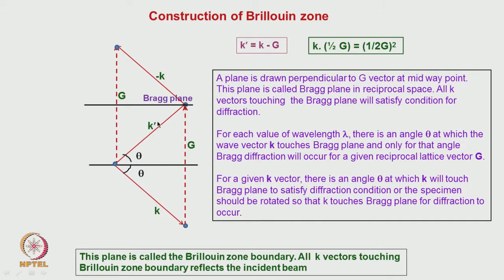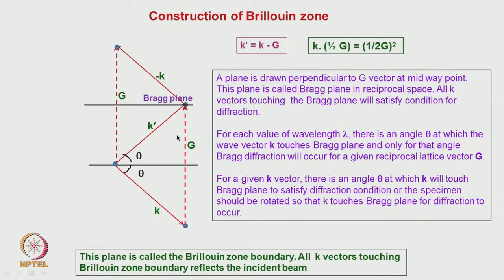Suppose I have a beam with a particular energy, which is not equal to lambda, it is some other value. Then for the vector to touch here, the angle which it makes with the sample surface will be different. It essentially means that for a specific value of k, there is a particular value of theta at which only the Bragg diffraction will take place. You understand? That is what it essentially means.